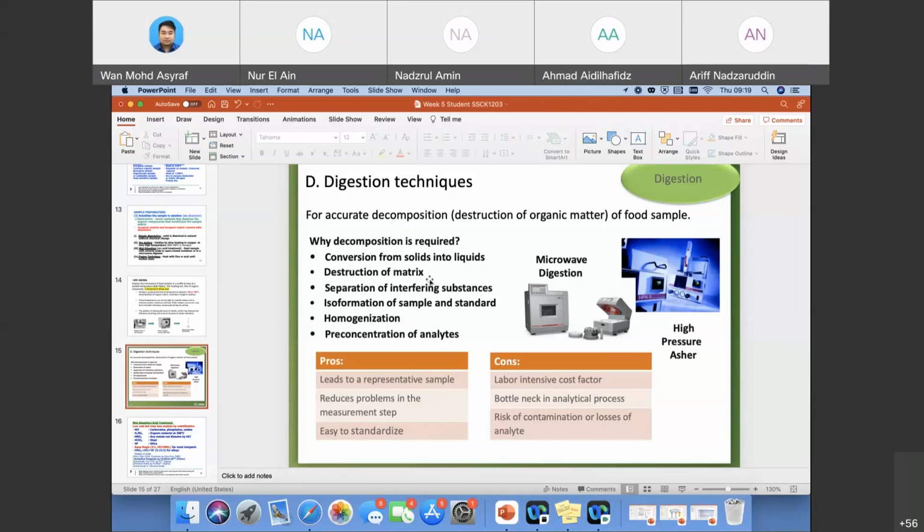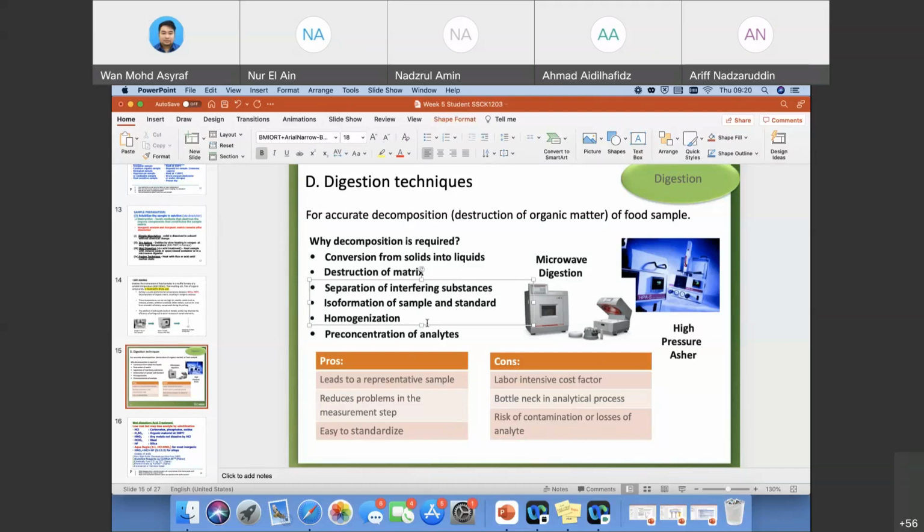We are going to look at the destruction of the matrix as well. When we look at the fish samples, we want to destroy the matrix, because we don't want anything other than the inorganic analytes. We also want to separate the interfering substances, which may be the isoformation of sample and standard.